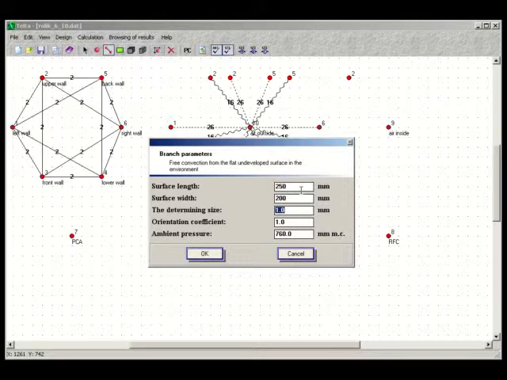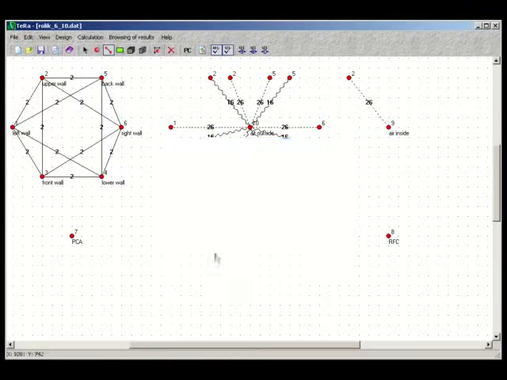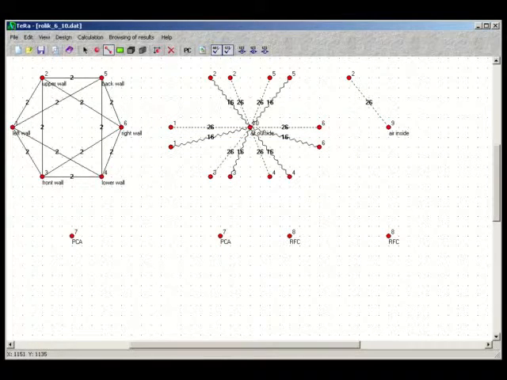For a horizontal plate, this is the minimal size. The orientation coefficient is 0.7, also taken from the reference book for the horizontal plate, dispersing the thermal stream downwards. Ambient pressure is 760. Similarly, we connect all the other walls of the case to block 9.